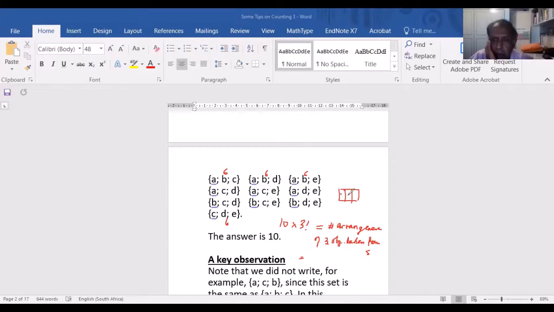The first one can be chosen in 5 ways. The second one can be chosen in 4 ways. And the third one in 3 ways. So that answer is 60, 5 times 4 times 3. That's an arrangement. Right? The order is important. So we have this interesting thing here, and we saw that this is the same as 5 factorial over 5 minus 3 factorial. That was the last thing we did. Oh, I'm sorry, 5 minus 2 factorial. Right?